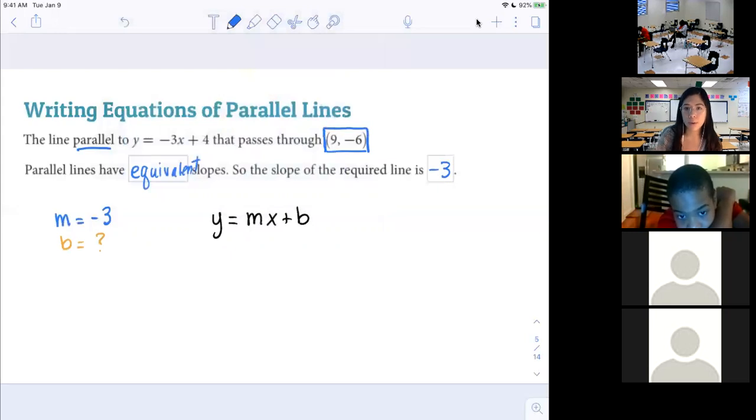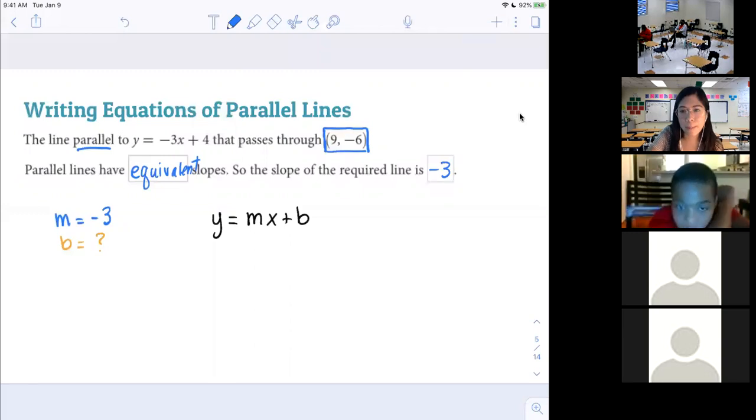So I can use that point to find the value of b. So what should I plug in for y? What should I plug in for y, guys? Okay, Perla says -6. Exactly.